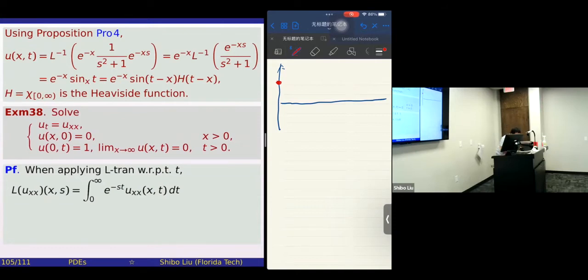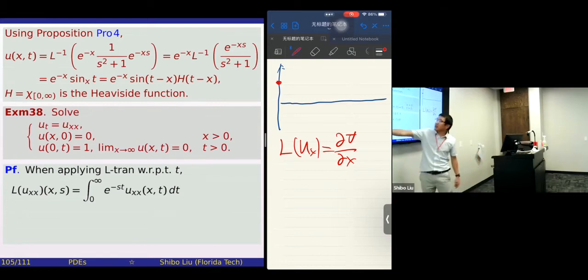I just tell you that L of u_x equals dU/dx, where capital U is the Laplace transform of small u. I just explain this property. The first order derivative is with respect to the other variable, right? But now we encounter a second order derivative. The principle is the same. By definition, the Laplace transform of this is this integral with respect to t.